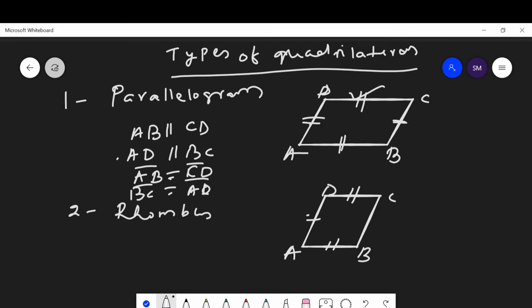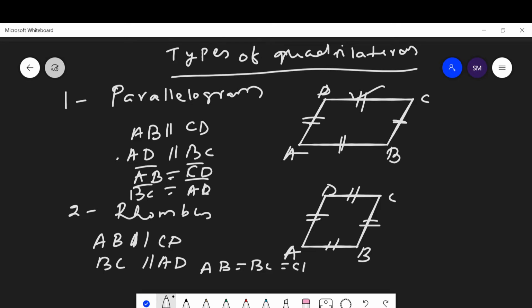A rhombus satisfies all the properties of a parallelogram, which means AB is parallel to CD and BC is parallel to AD, and all sides are of the same measure. Here AB is equal to BC is equal to CD is equal to AD.